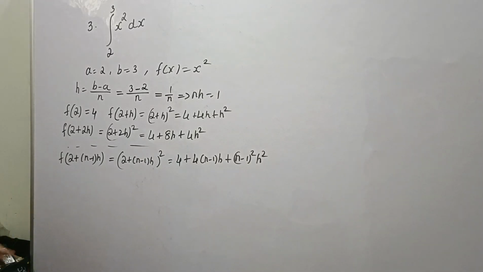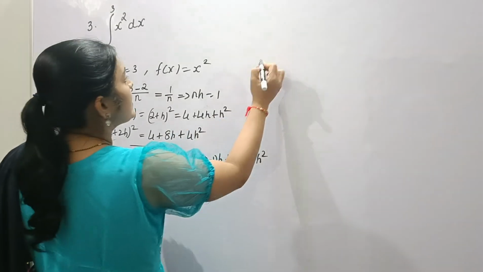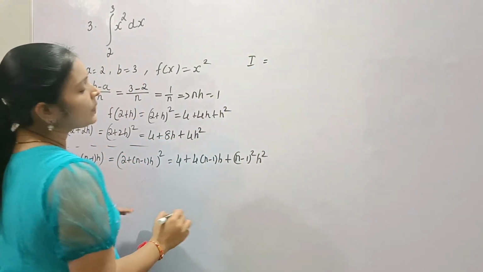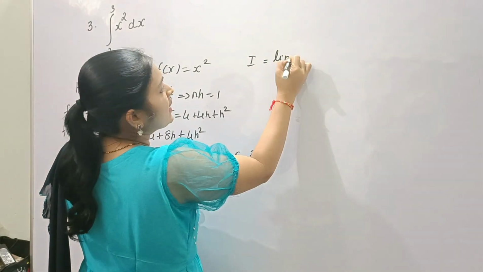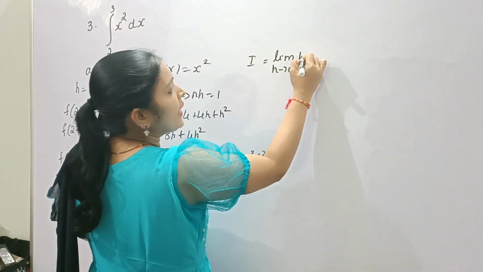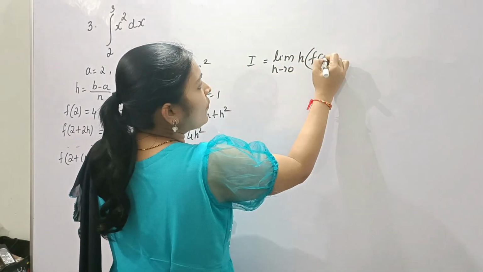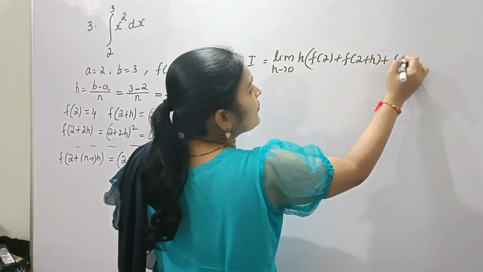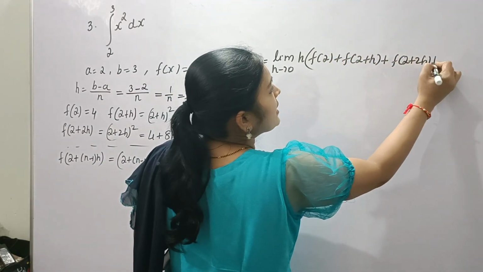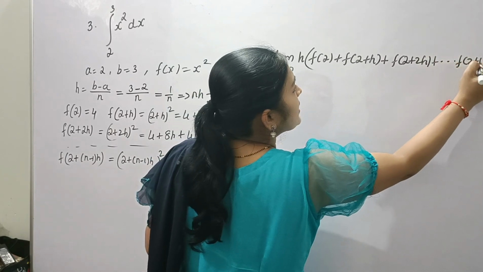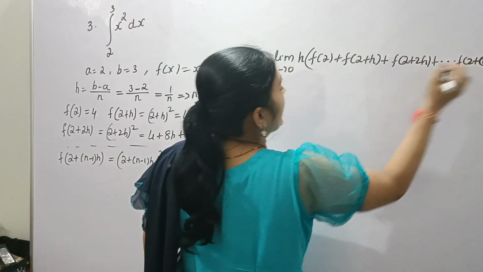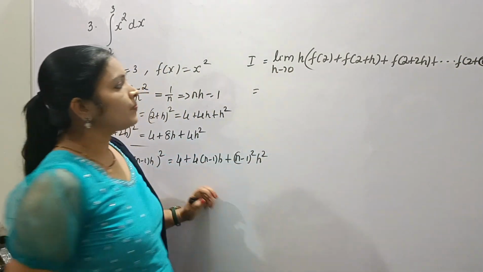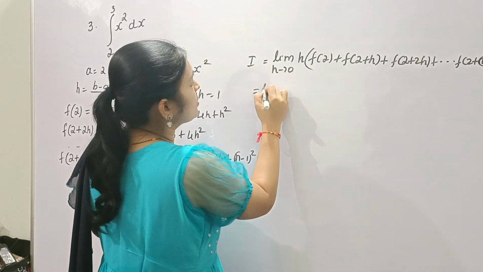Now let's find the value of this integral, that is I is equal to limit h tends to 0 h into f of 2 plus f of 2 plus h plus f of 2 plus 2h plus etc. plus f of 2 plus n minus 1 into h. Let's substitute these values.